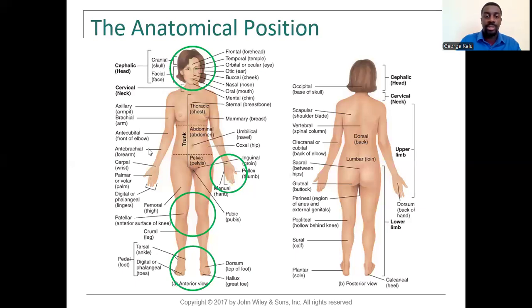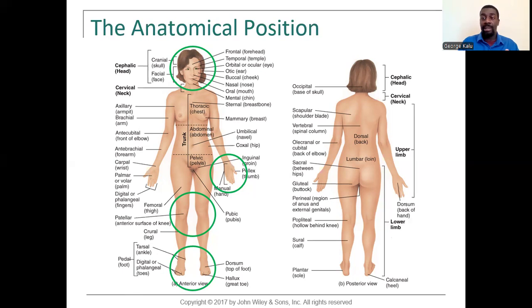So in anatomical position, we're looking at all four of these green circles here. Okay, we're going to have the body facing forward with the eyes facing forward as well. We're going to have the palms of the hands facing forward. Okay, that is key. That is really important. And then we're going to have the knees, or the legs and the feet also facing forward and being parallel.